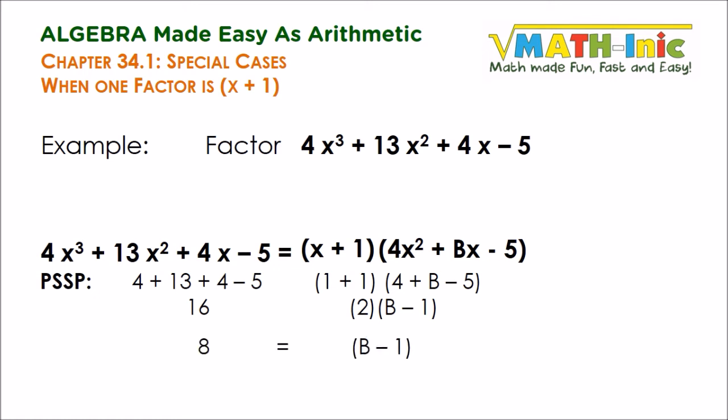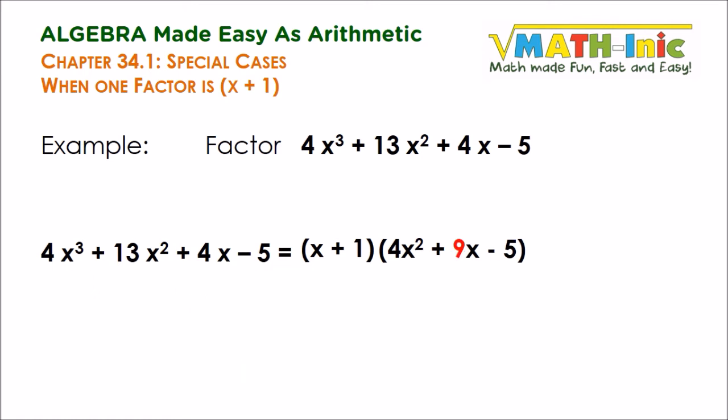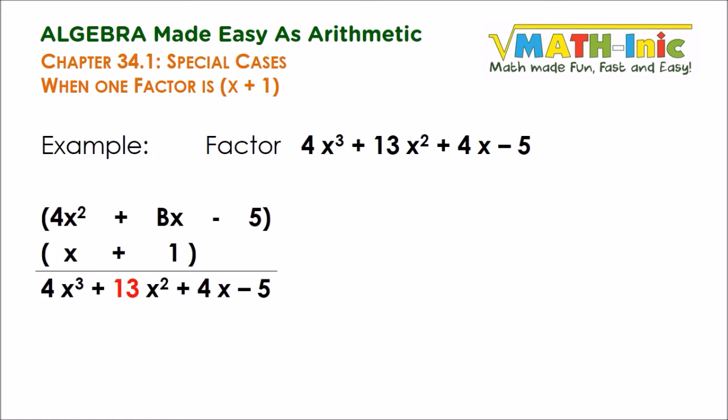So that means that 8 is equal to b minus 1, or b is equal to 9. But there are other ways to find the other factor. So we get that 4x cubed plus 13x squared plus 4x minus 5 is equal to x plus 1 times 4x squared plus 9x minus 5.